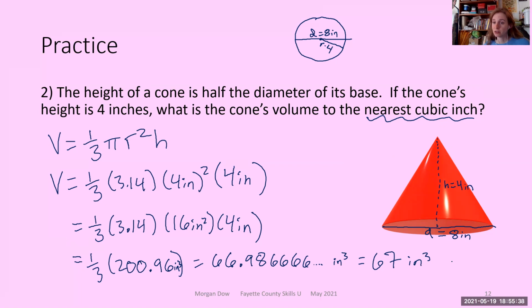And it didn't tell us the radius, but it gave us information we used to figure out the radius, right? So it described the diameter in terms of the height. The height was half the diameter. So if the height was 4, 4 is half of 8, the diameter was 8. And then if the diameter is 8, that means the radius of the circle is 4.